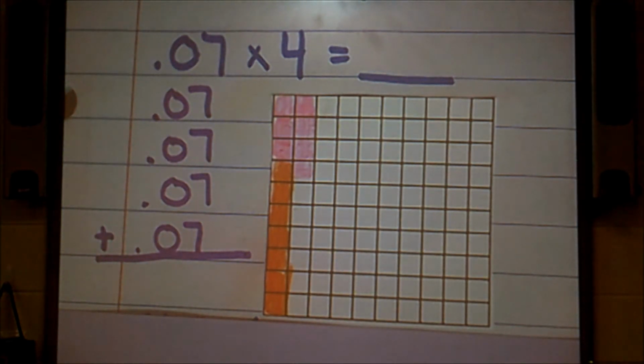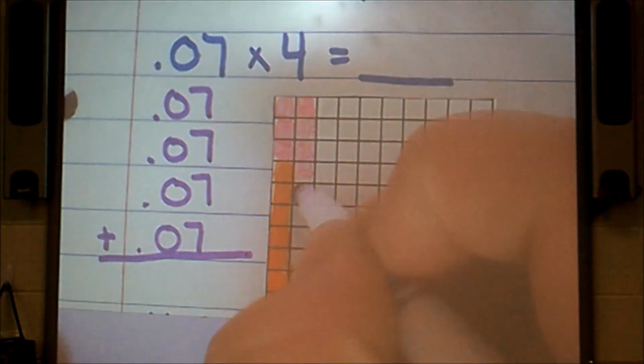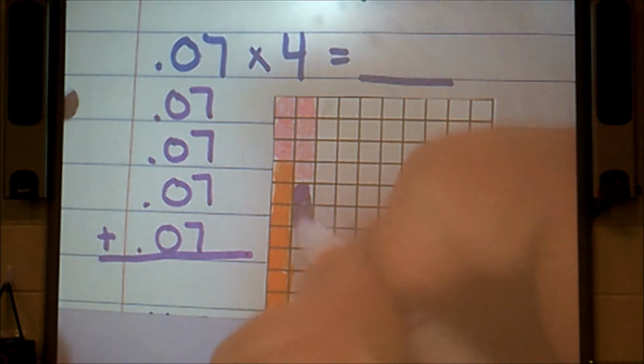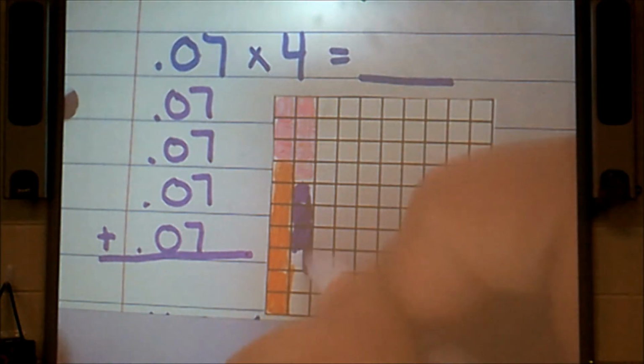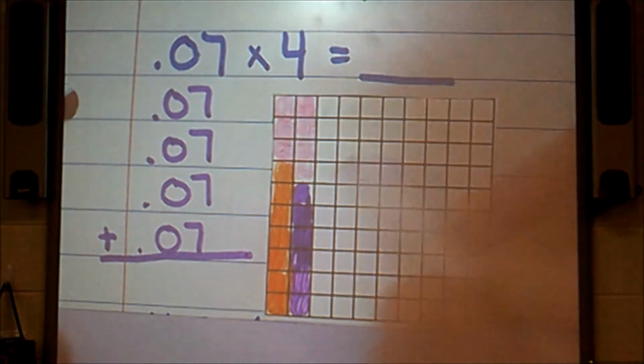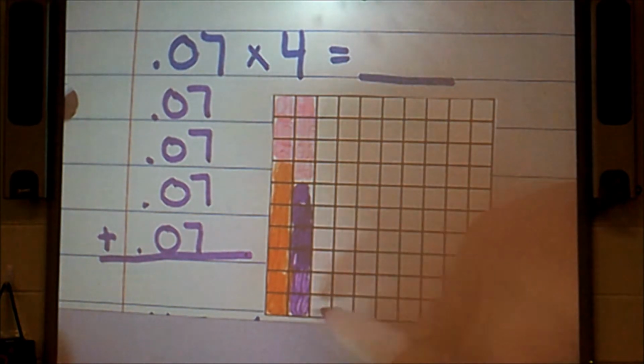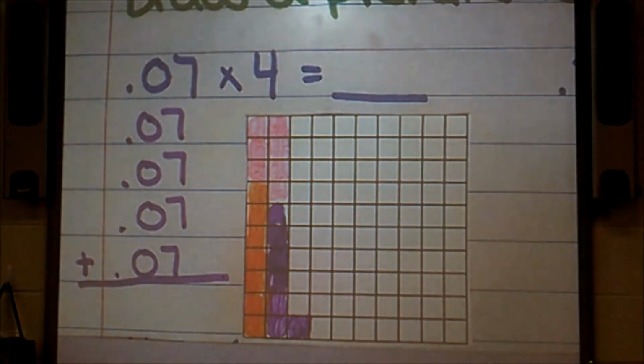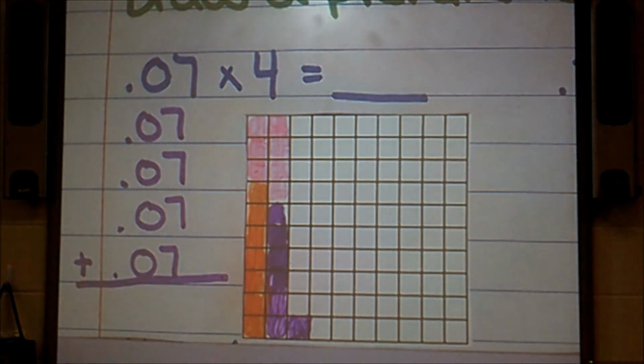I got 2 more times to go. So I'm going to count off 7 again, and up to my next, that's 3 times. It doesn't have to be perfect.